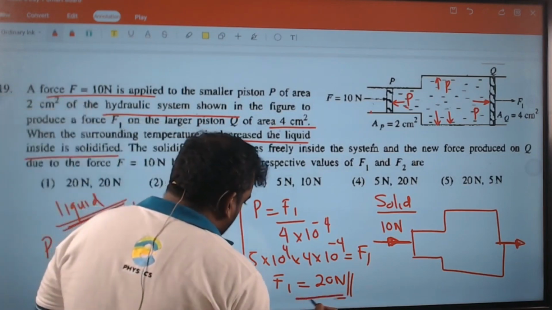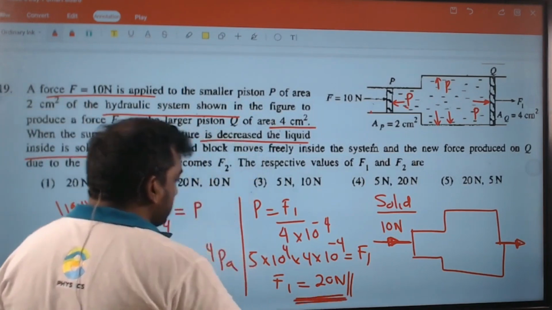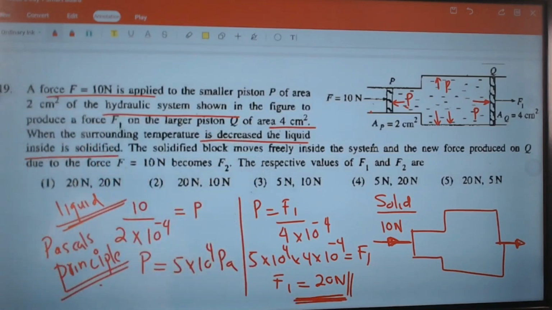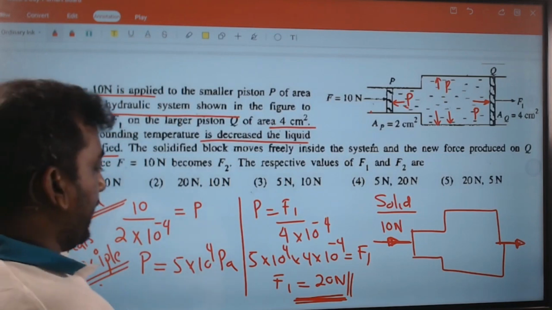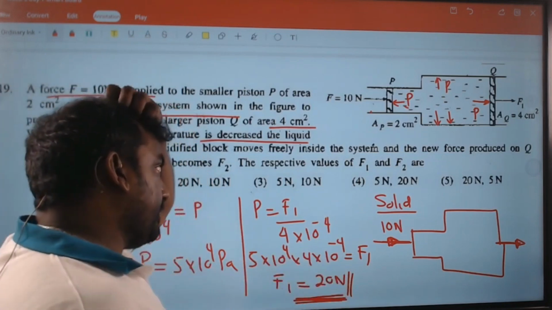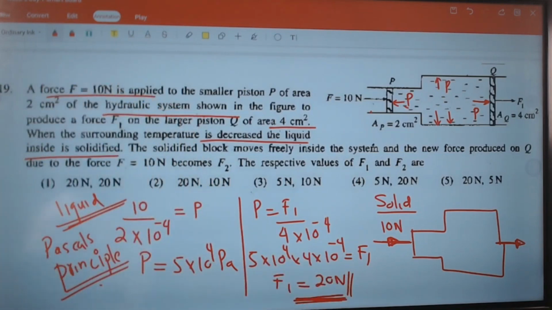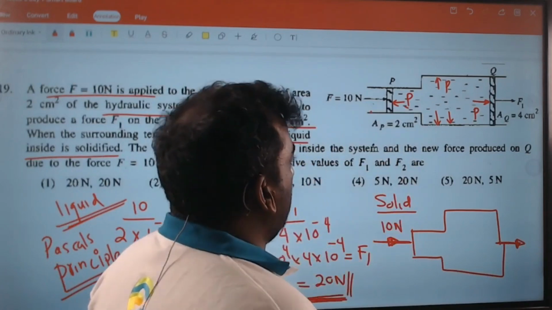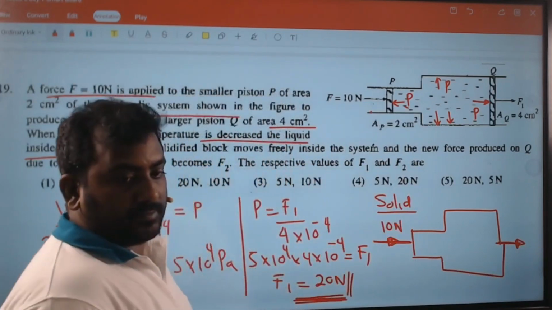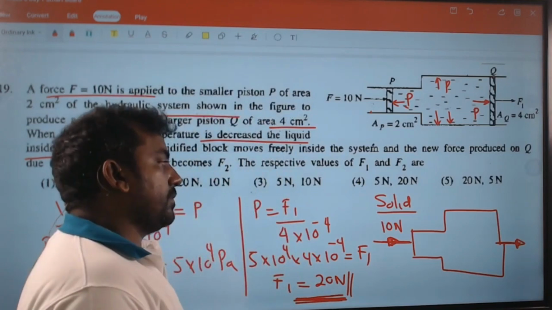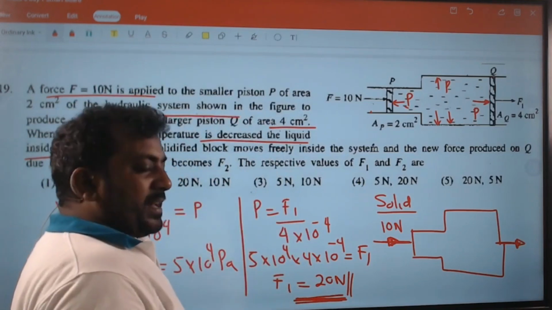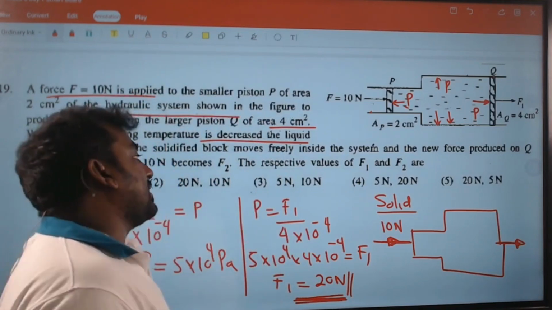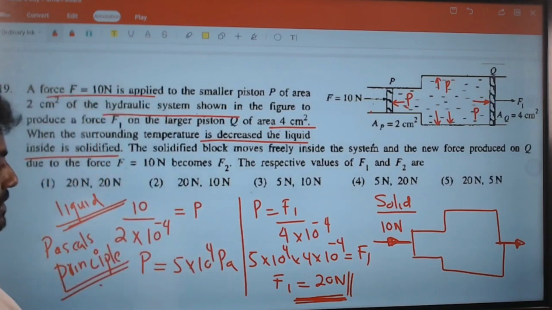We can find the 20 Newton F1 force. But for a solid, the force applied will remain the same.